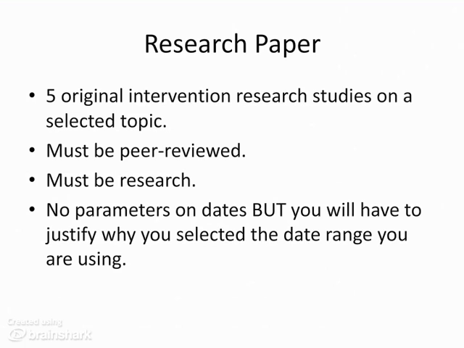You don't have parameters on dates for this particular paper, but you do need to justify why you've selected the date range that you're using. So if you decide to use articles from 1960, you need to be able to explain to me why you're going so far back in the research. If you're only choosing articles from the past 5 years, you need to explain that as well.